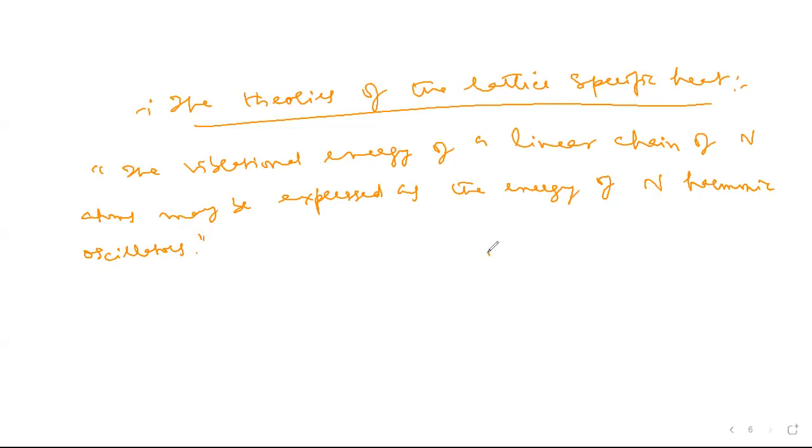a chain of n atoms, we have atom 1, atom 2, atom 3, so on. This way, in a crystal, we have chain of n atoms and they are vibrating at their respective lattice sites.